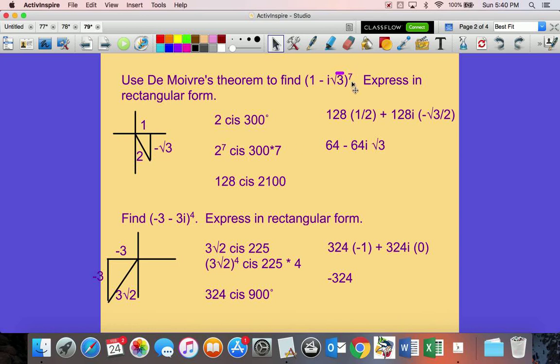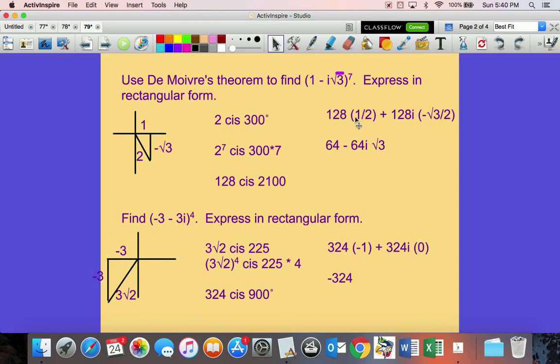If this were a 6, it would not work out that way. If this were an 8, it would not work out that way. It just happens to work for this one. So we're using this triangle again. We've got 128 out front here, and then remember, the real part is dealing with the c, which is the cosine. Well, cosine of this triangle is 1 over 2.